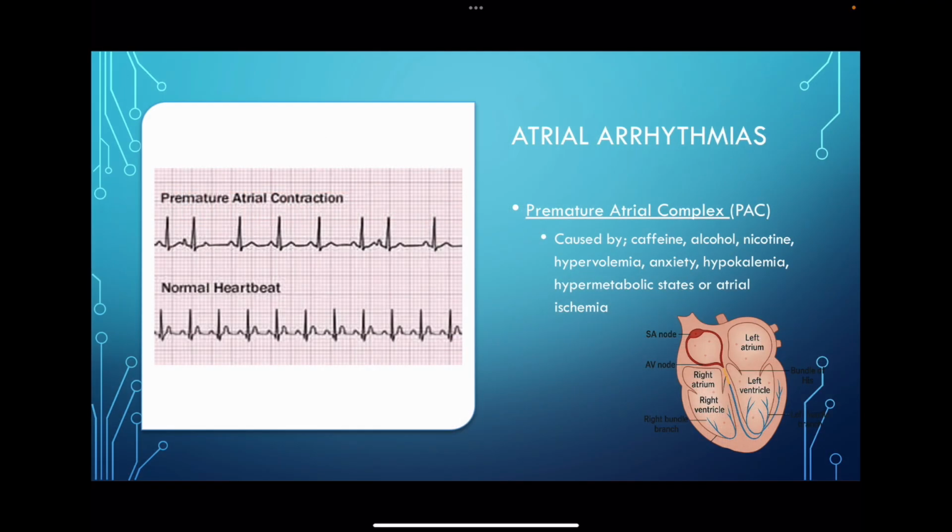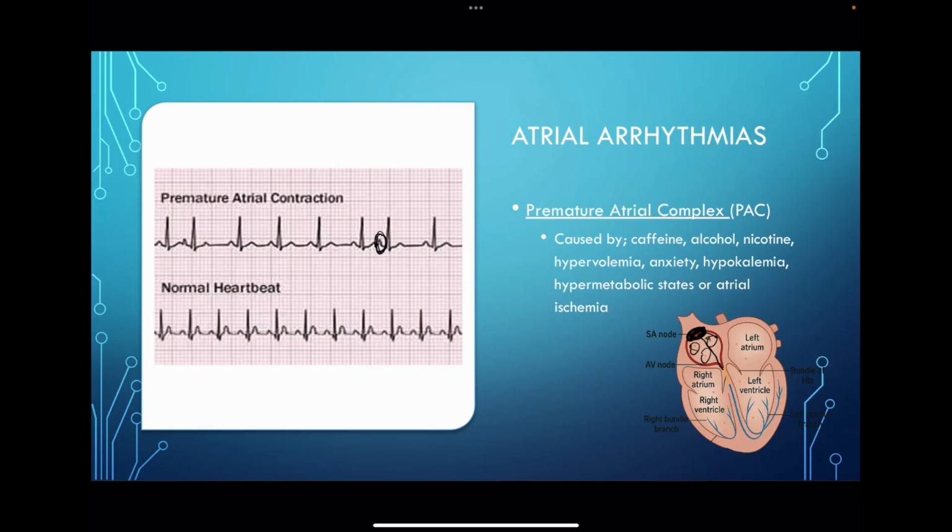All right, so now we're going to go into the atrial arrhythmias. With a premature atrial contraction, which is a PAC, essentially what's happening is your primary beats are coming from your SA node, but every once in a while you might have an irritated foci point, and so it'll shoot an extra signal down, which will make your QRS or your P wave contract sooner than normal.